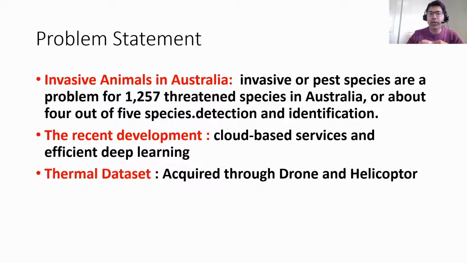The idea is how computer vision and the cloud can really help to solve the same problem from a different angle. Usually it is done through drones or helicopters. In the past, people used helicopter flights, just went, identified the animals, and killed them.